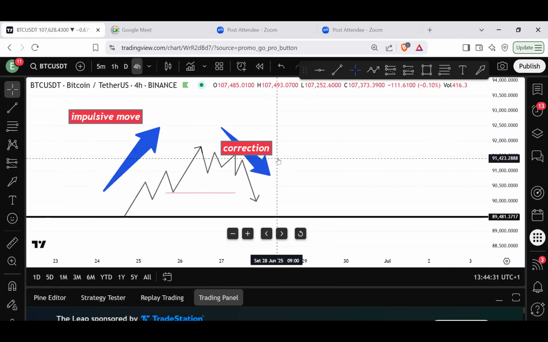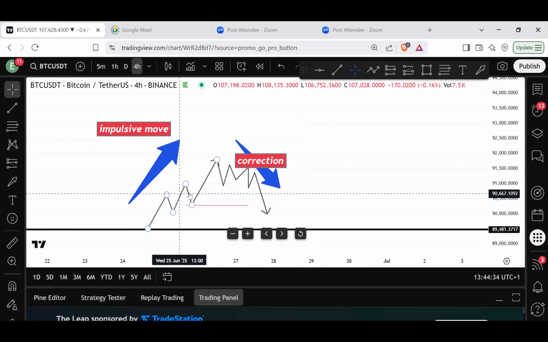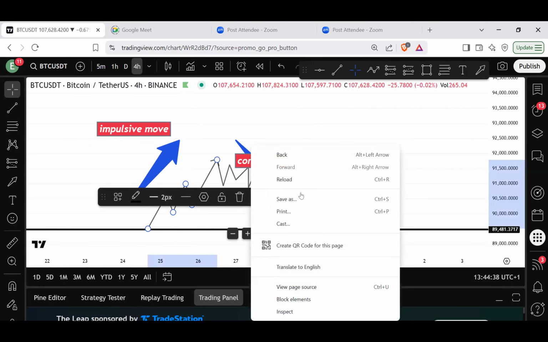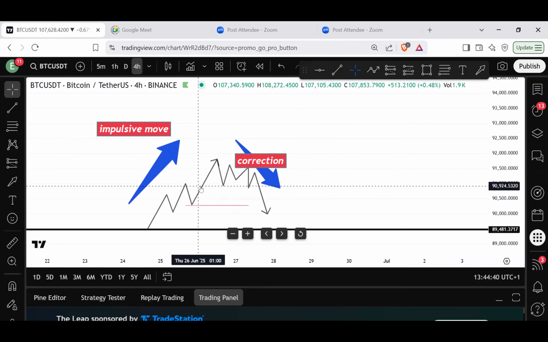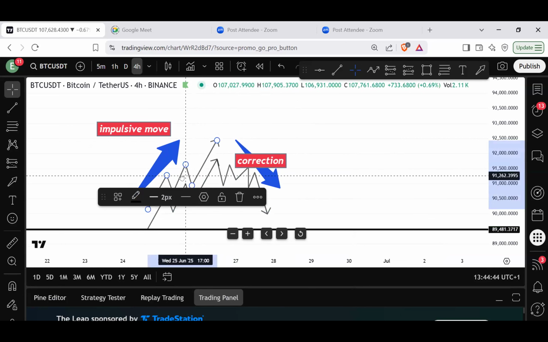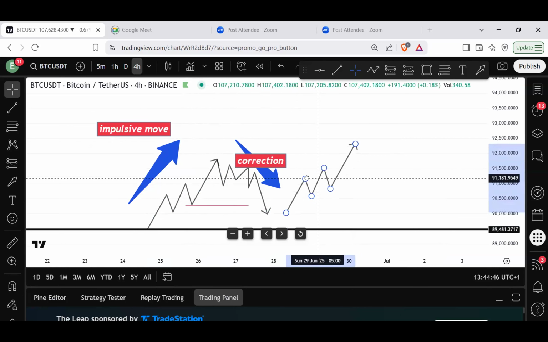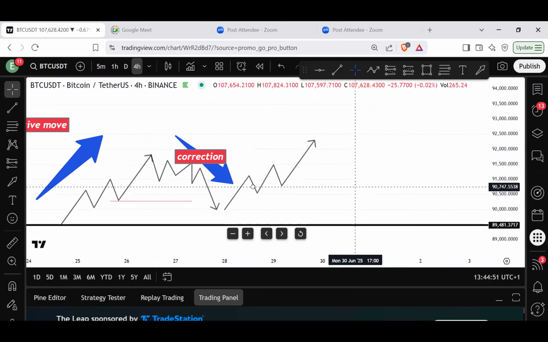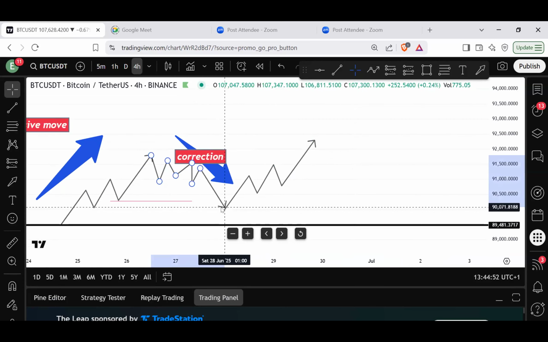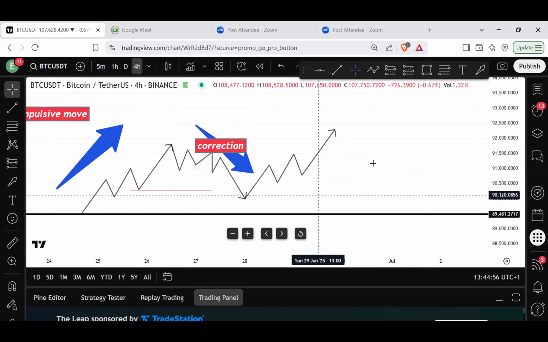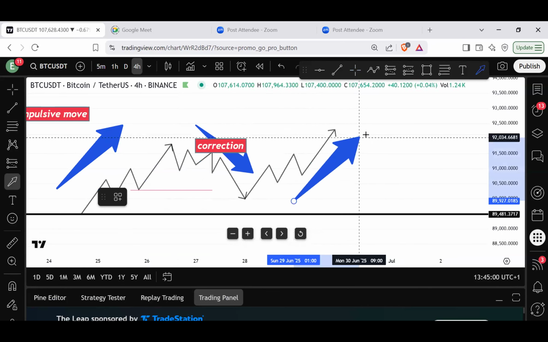Then the next thing that follows correction is that the impulsive move will resume again, another impulsive move. So anywhere the correction ends, that's where we have the start of a new impulsive move.